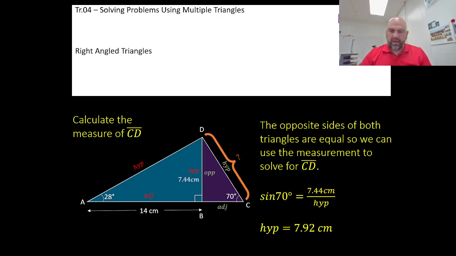There we go, and then divided by sine of 70. If you round it to 7.44, you're going to get an answer of 7.917, which rounds up to 7.92. But if you keep the 7.44 and a whole bunch more decimal places in, you're going to get an answer of 7.9216 and then some more, which again rounds to 7.92.